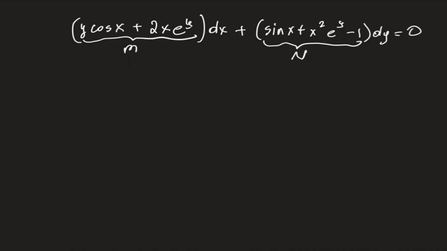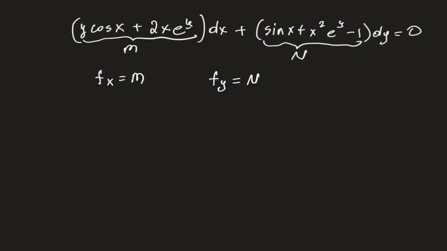As I mentioned in the previous example, now that we know that this equation is exact, we know that there exists some function f of x and y such that the partial derivative with respect to x is equal to m, and the partial derivative with respect to y is equal to n. Again, it doesn't matter which one you start with. If you want to start with m or you want to start with n, it makes no difference.